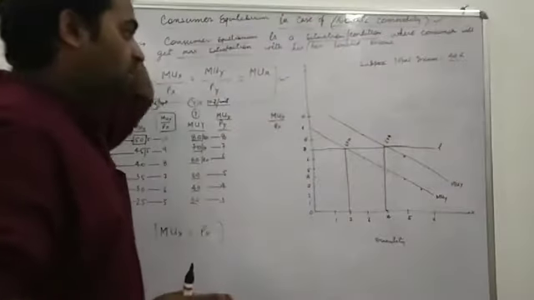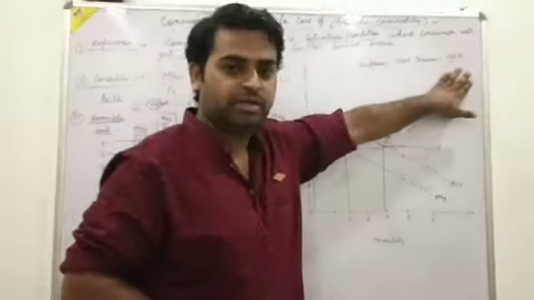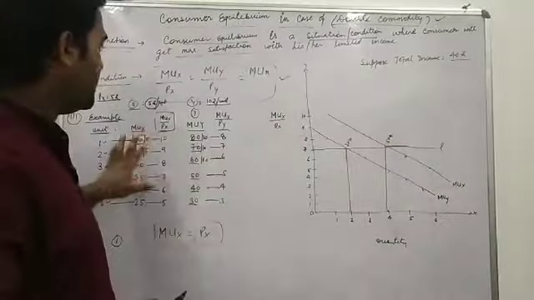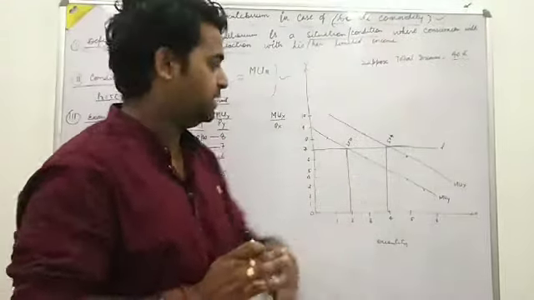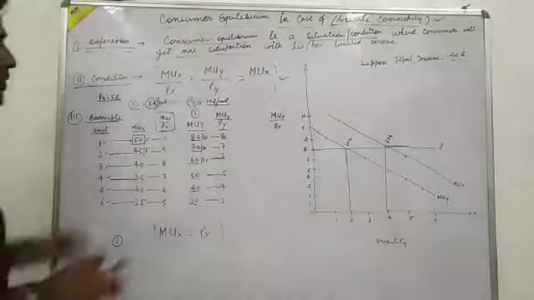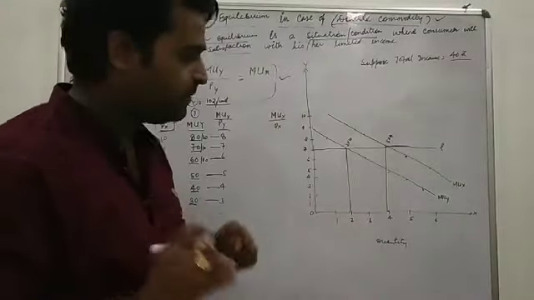So what I am saying, see here, the total budget of the consumer is 40 and we are calculating consumer equilibrium in case of two commodities. So we will plot the y-axis and x-axis.